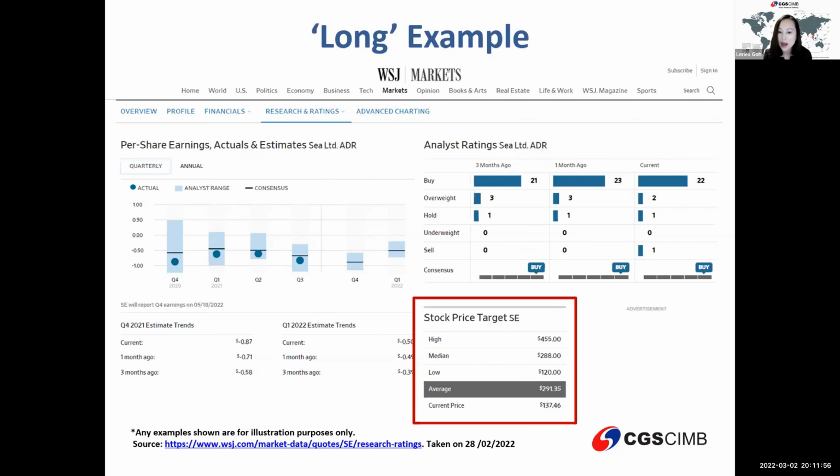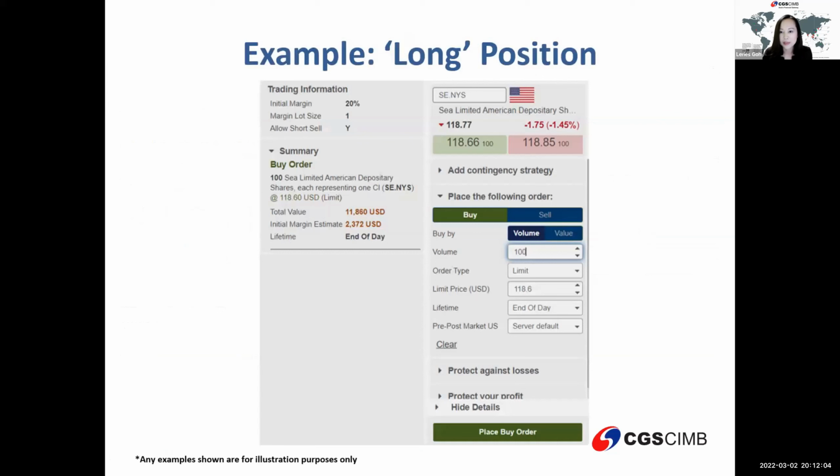So I would like to take a long position on C Limited. But in terms of capital, I may have limited capital, so I can choose to use CFD as an option because it provides leverage.